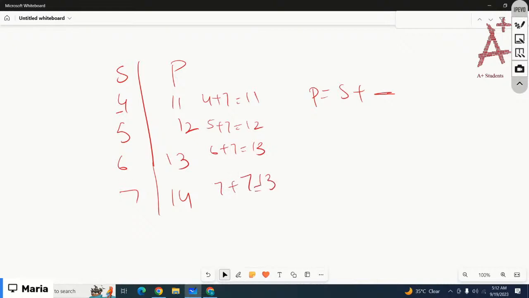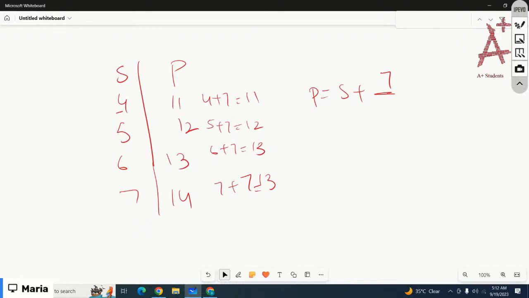That means for each next input value you have to add 7. So that would be p equals s plus 7, right? So that's how you can find the equation if you are given the table of values, right?